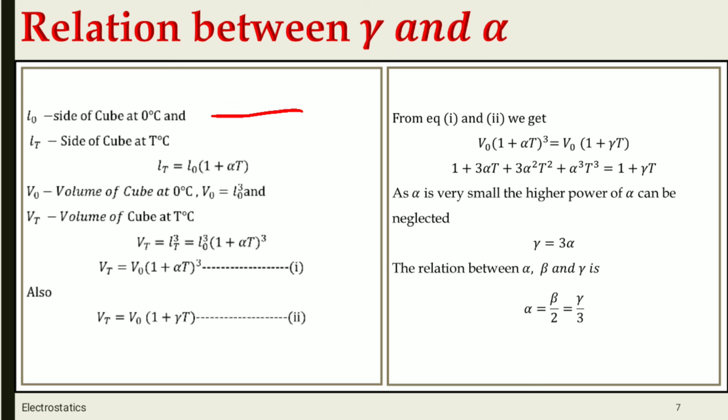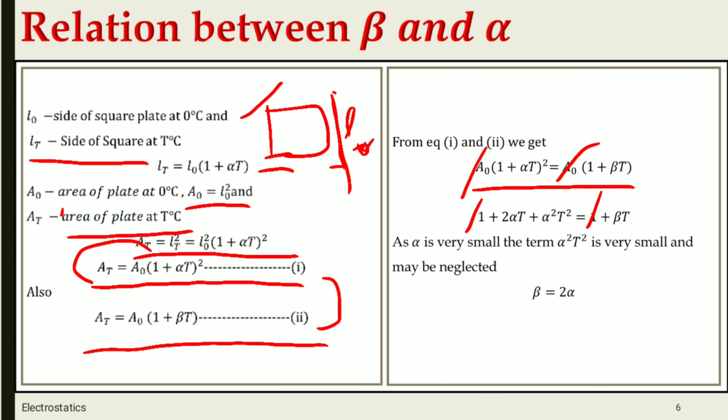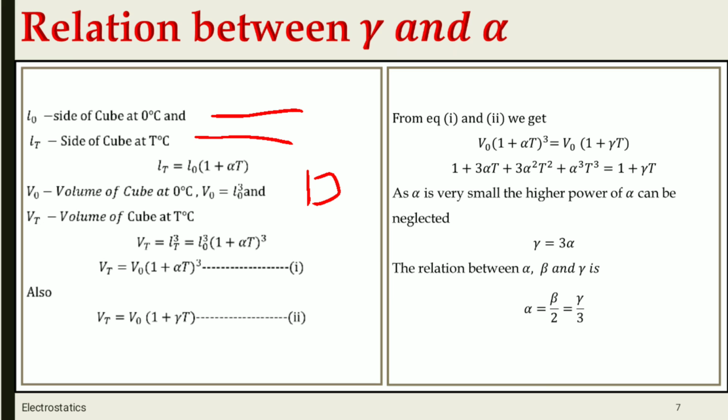Again we have considered here L0 as the side of a cube instead of a square. Then the cube is having side L0 at 0 degree Celsius and LT when its temperature increases to T degree Celsius.